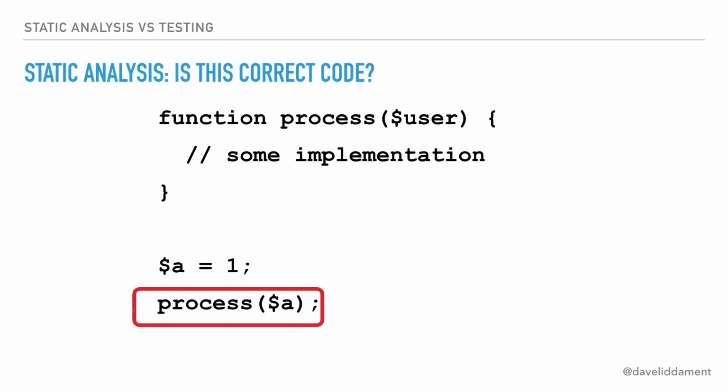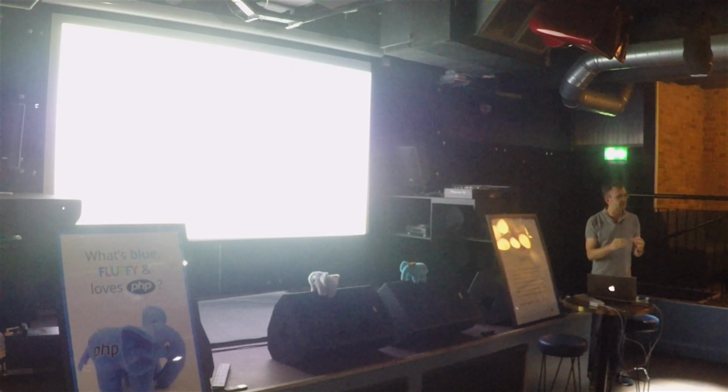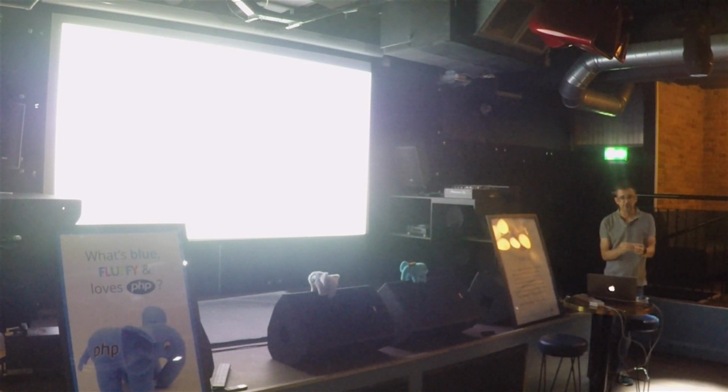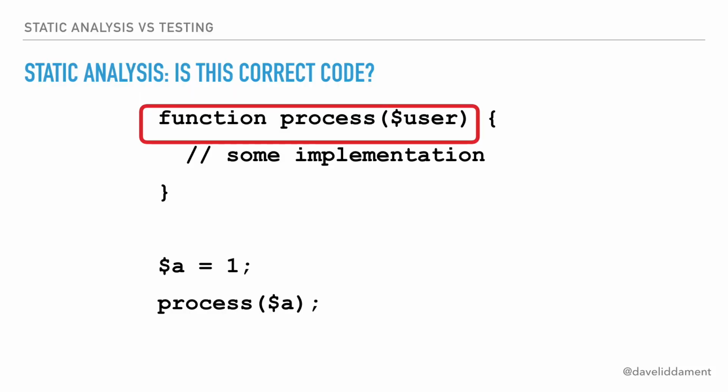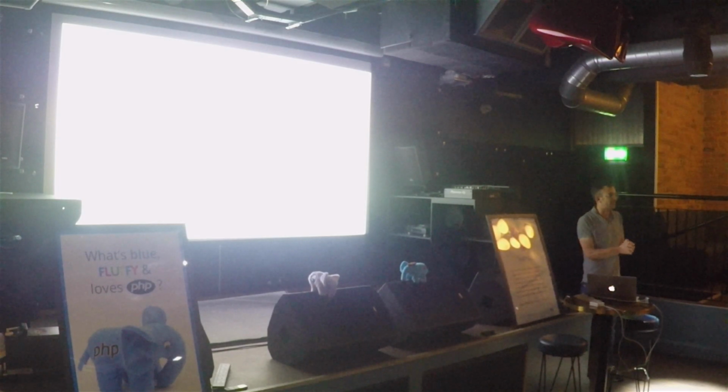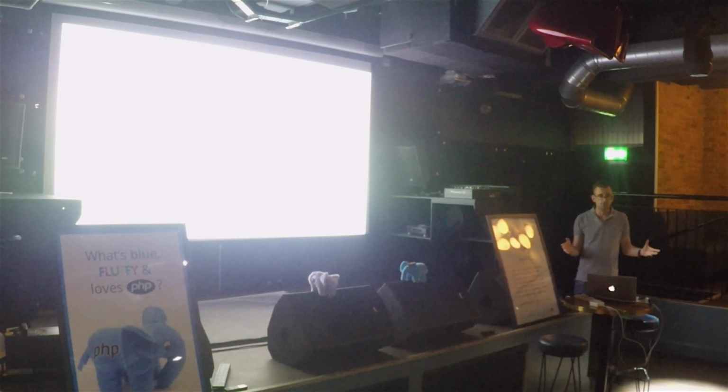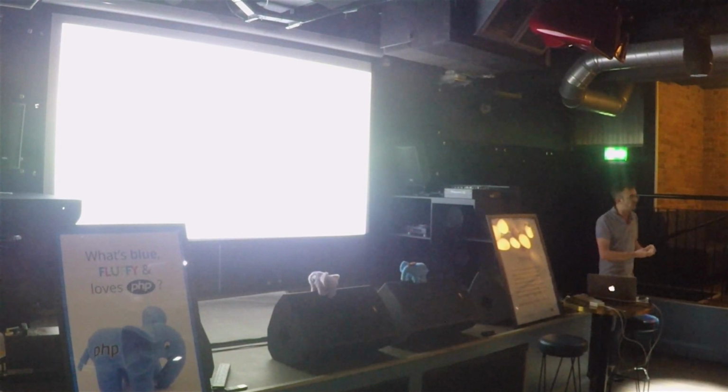We're then going to call process, passing to the function process the integer value 1. And what we can see here is that the function process takes a user. We don't know what that type is. As far as we can see, there's nothing wrong with this code.